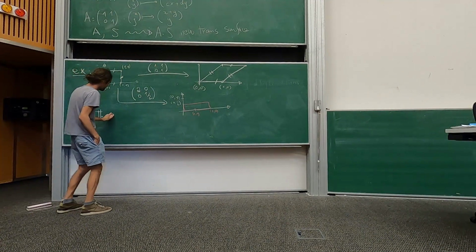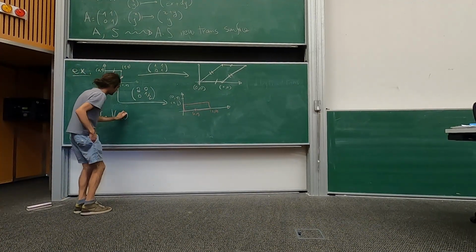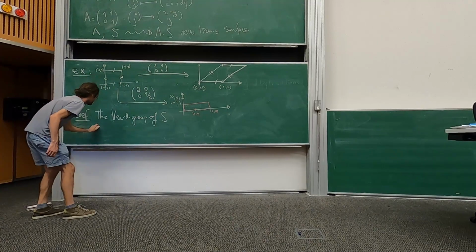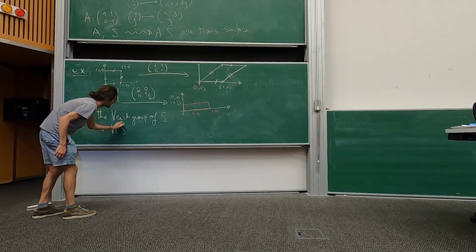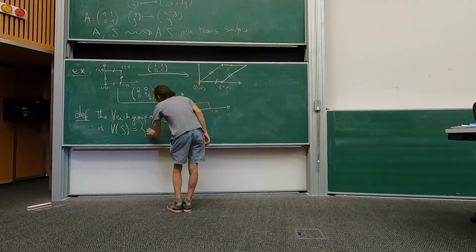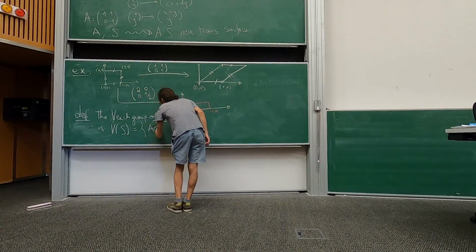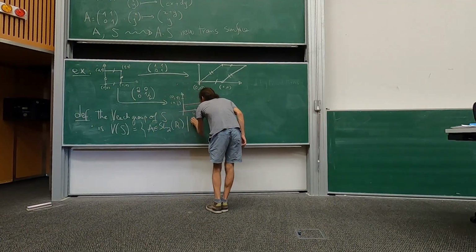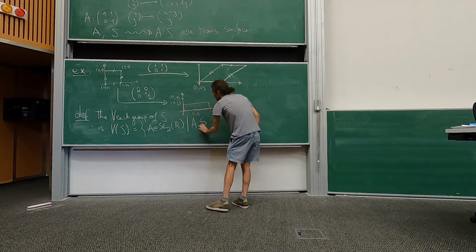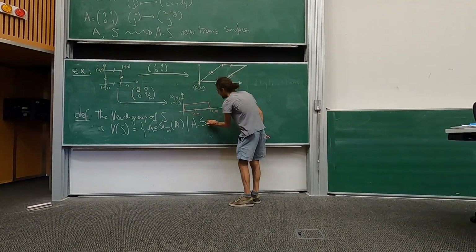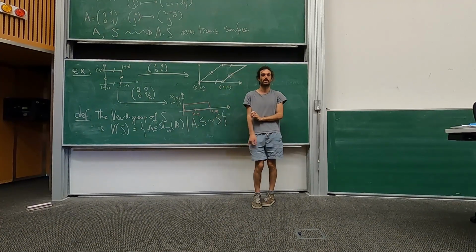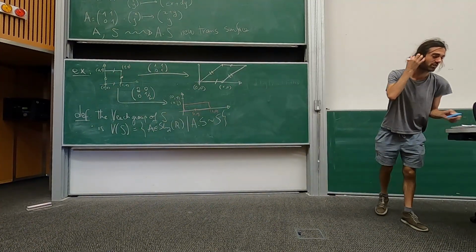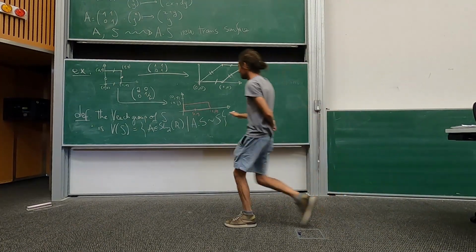So the Veech group of my surface S is V of S. It's all the matrices such that when I transform S by this matrix, I can cut and glue this thing to get back this. So that's a measure of how symmetric my surface is.